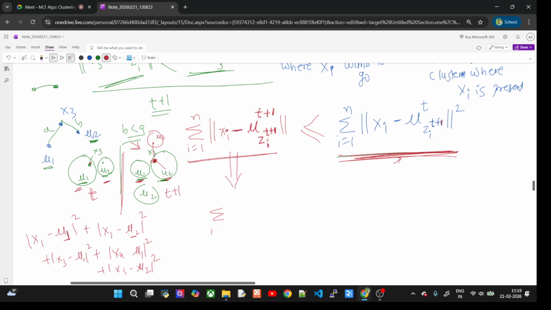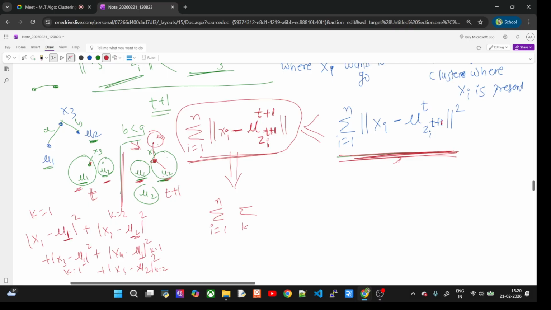This is cluster 1, k equal to 1. Here k equal to 2, here k equal to 1, here k equal to 1, here k equal to 2, that's why mu2. So how can we write this term? If we write i equal to 1 to n as it is, it is like mu1 mu2 mu1 mu1. This is the combination here.